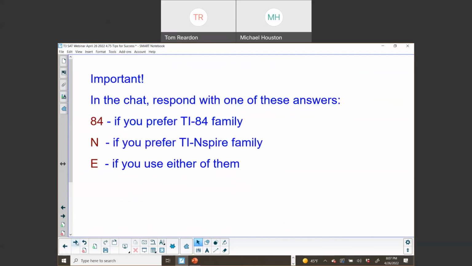All right, so important, in the chat, please vote. Please be American, full-blooded Americans, and vote. Please type in the chat either 84 if you prefer the 84, N if you're Nspire, just N, and then E if you use either of them. That way I'll know where my audience is. So 84, N or E. And then Mike, you can give me a ballpark on what the people prefer.